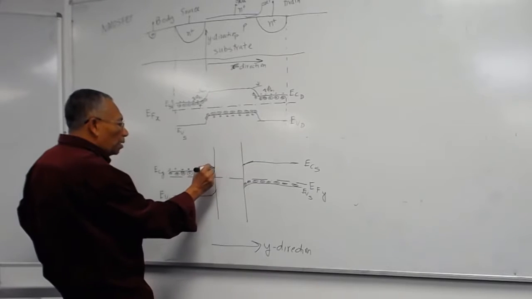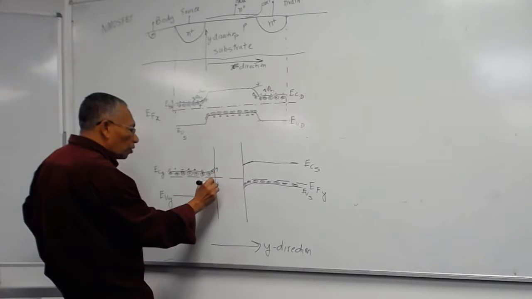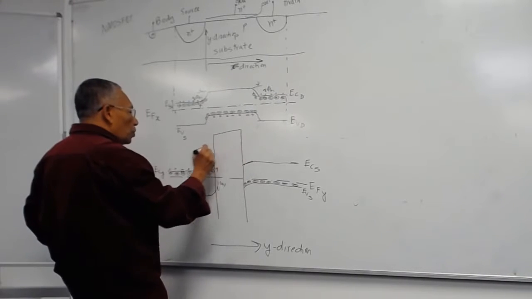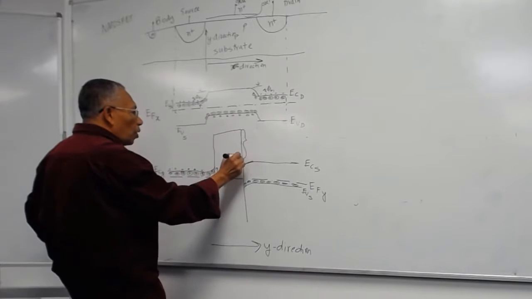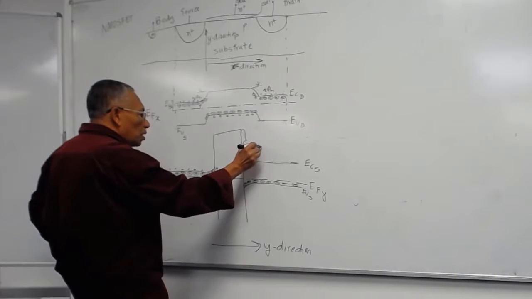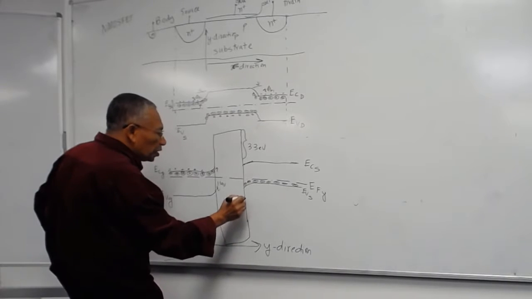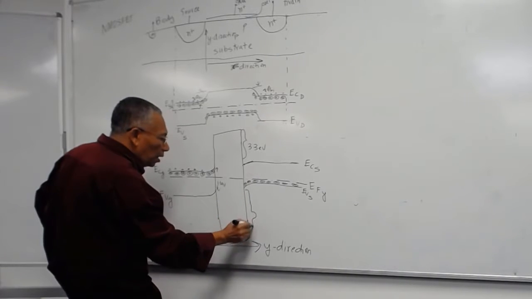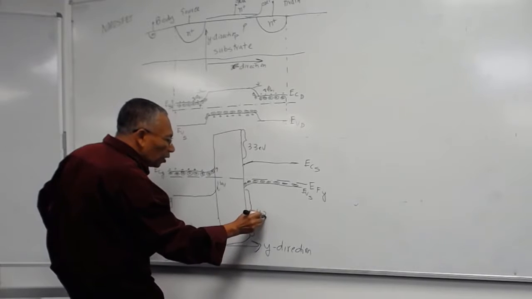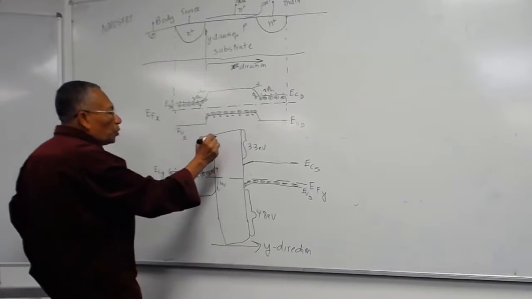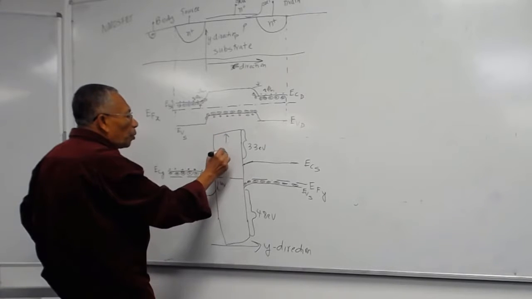The gap from here to here is 1.1 electron volts. From here to here is about 3.3 electron volts. Then in the oxide, between here and here, is about 4.8 electron volts. So the total, from here to here, is 9.2 electron volts.